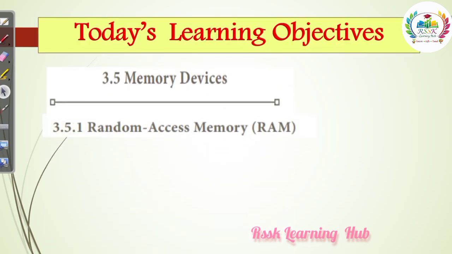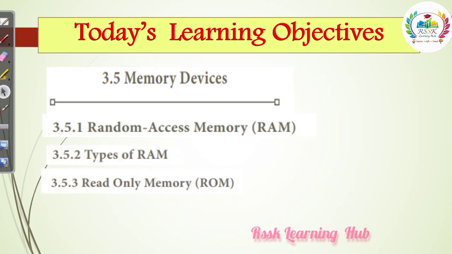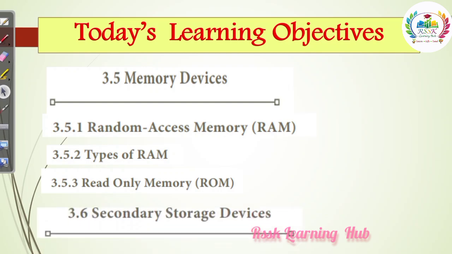Under that, random access memory, and the types of RAM. Read-only memory, ROM. Then under read-only memory, we are going to learn about programmable read-only memory, erasable programmable read-only memory, electrically erasable programmable read-only memory, and lastly cache memory.